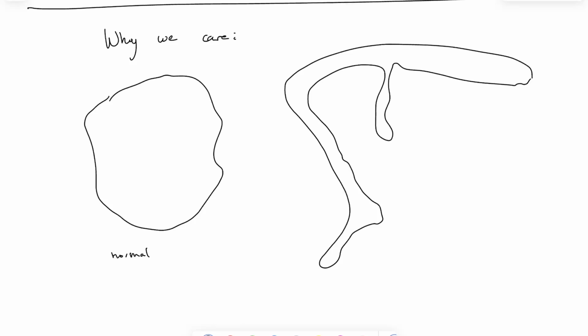Check it out. What does the convex hull of each shape look like? For the normal shape, if I were to make the convex hull, I have to add in a few little things to just bridge the gaps on all the little wiggles. But it's really not much that I'm doing here. Maybe there are little ones up here. I think I filled in another innie right there.